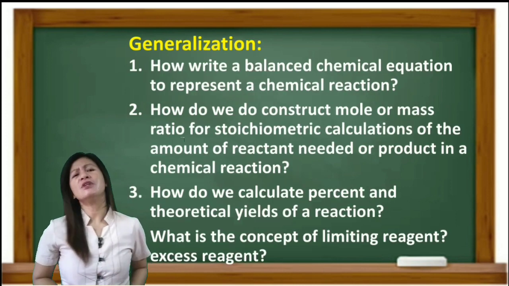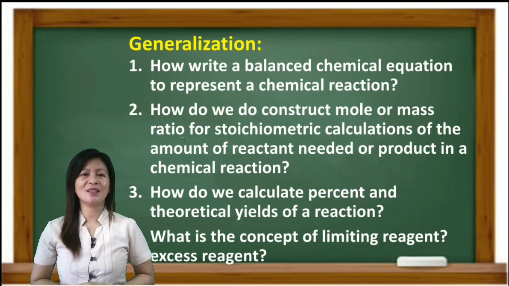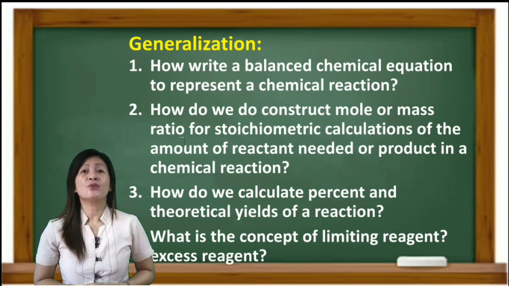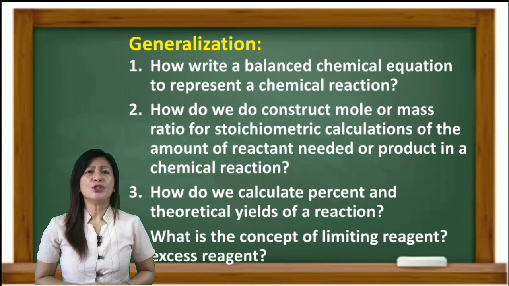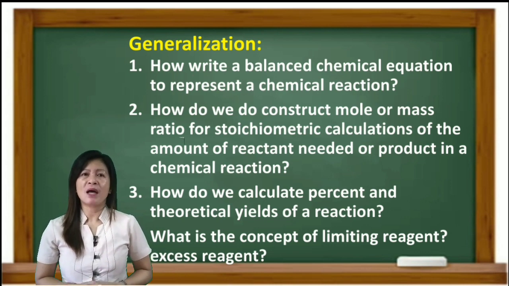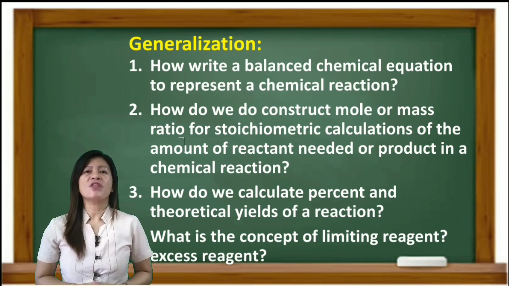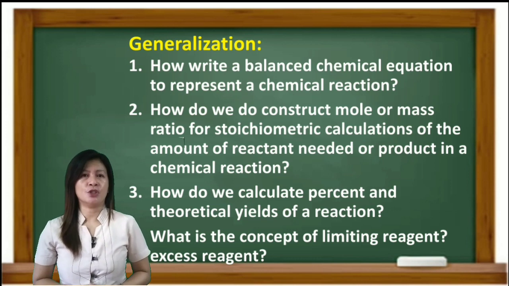So for generalization, let's answer the following questions. You go over your notes and answer the following questions. Number 1, how do we write a balanced chemical equation to represent a chemical reaction? Number 2, how do we construct mole or mass ratio from stoichiometric calculations of the amount of reactant needed or amount of product in a chemical reaction?